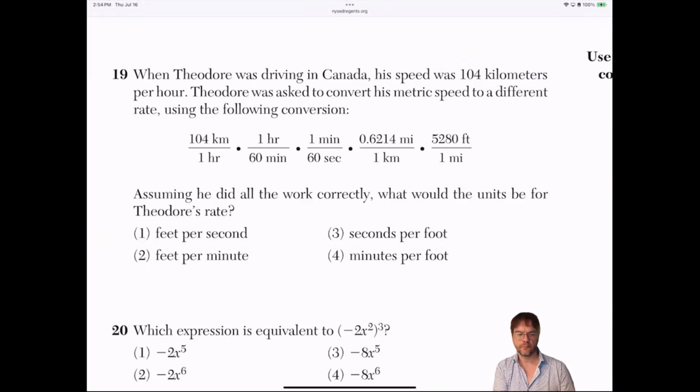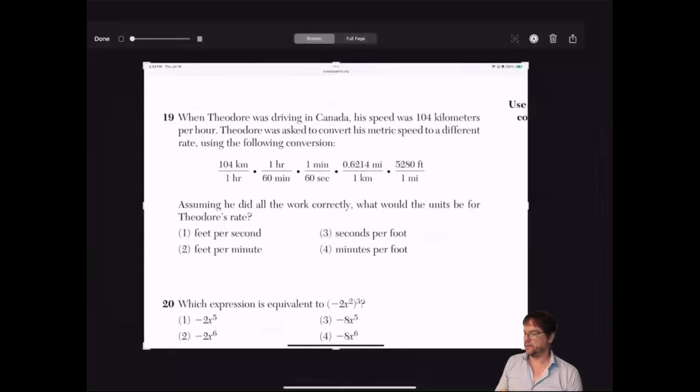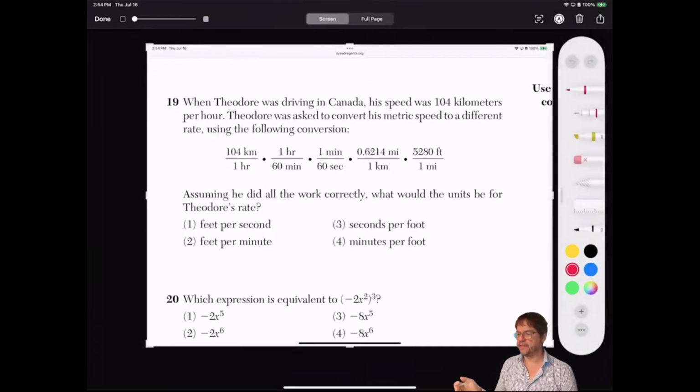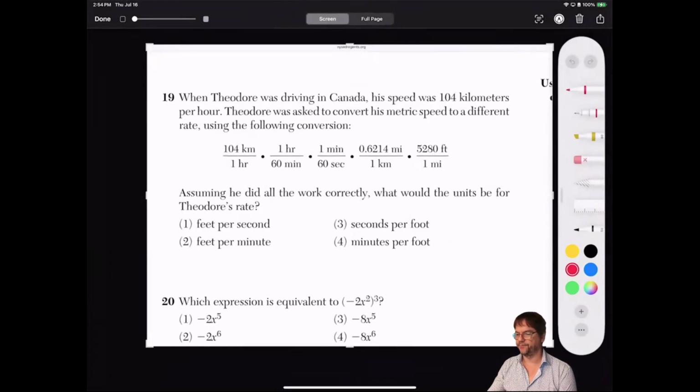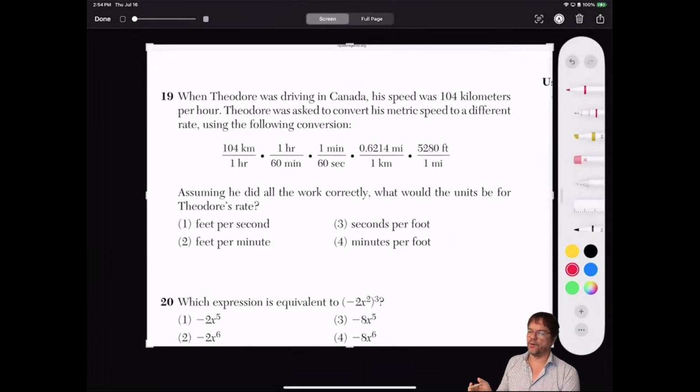Is it three? Option three? Let me see. Let's see together. Yeah, this feet. What is feet? My God, so complicated. When Theodore was driving in Canada, his speed was 104 kilometers per hour.